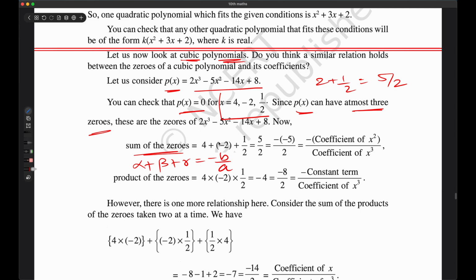And minus b divided by a, for ax cube plus bx square, b is the coefficient of x square, so minus of minus 5 divided by 2, where 2 is the coefficient of x cube. We have the same answer, 5 divided by 2.